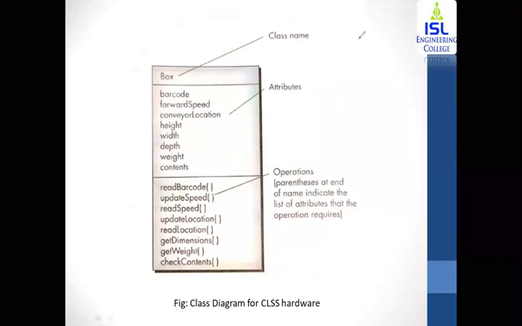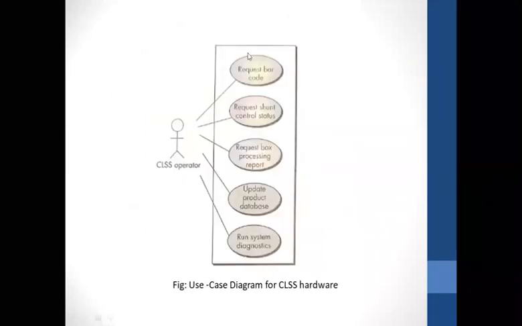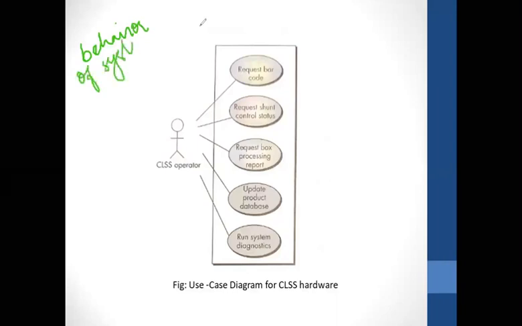Whereas the next one is the use case diagram. Now this use case diagram is used so that you can identify what is the behavior of the system. The use case diagram shows the behavior of the system.